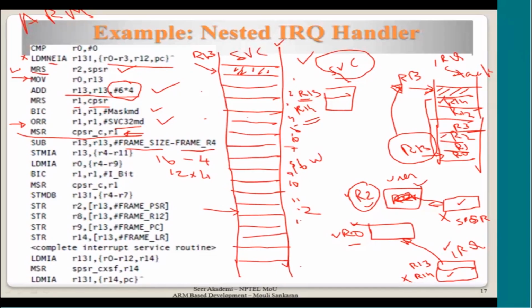Let me write these numbers also. You may wonder why we need it: this is to save the registers. Please keep the context clear at the back of your mind. Where are we now? We got an IRQ interrupt, we came inside the interrupt, to the IRQ stack, and then we realized that we need a second level of handling. Before we start the second level of handling, we called this routine, and I said that we cannot go back from the IRQ routine; we need to process the second level of handling.